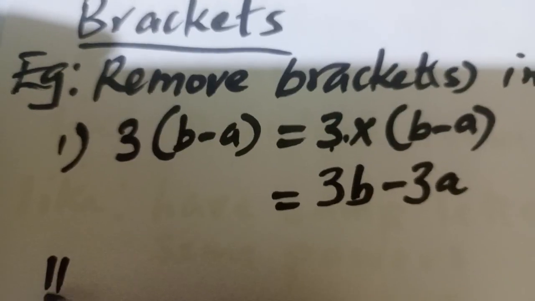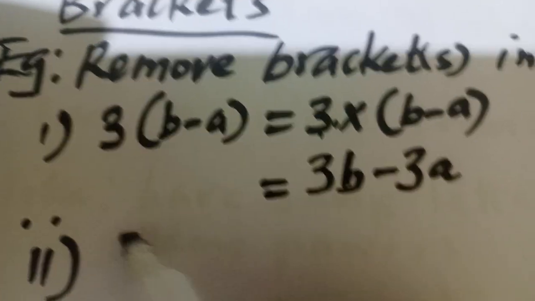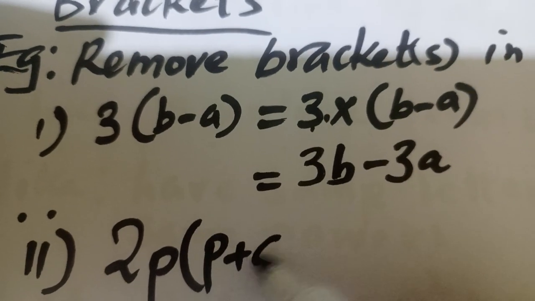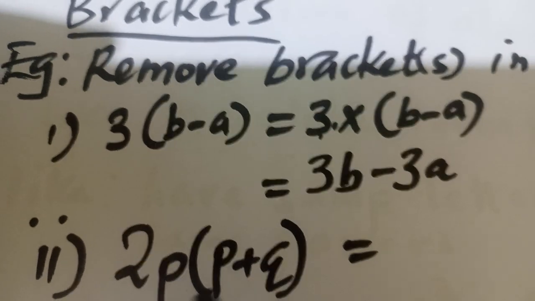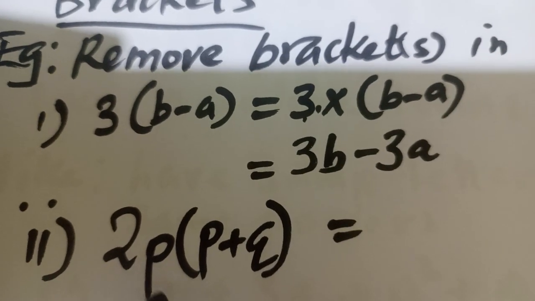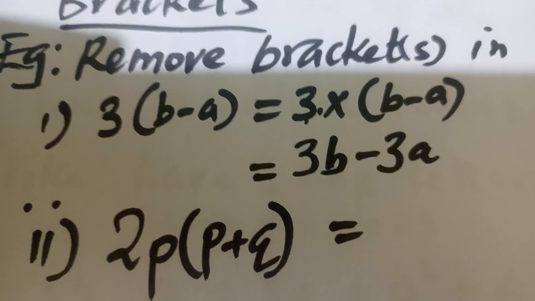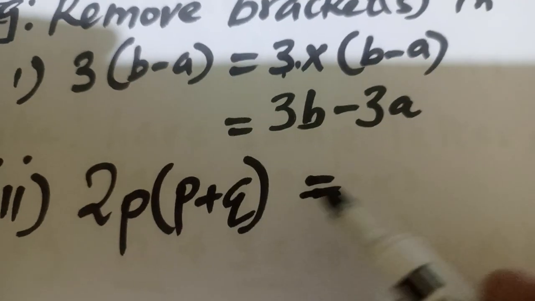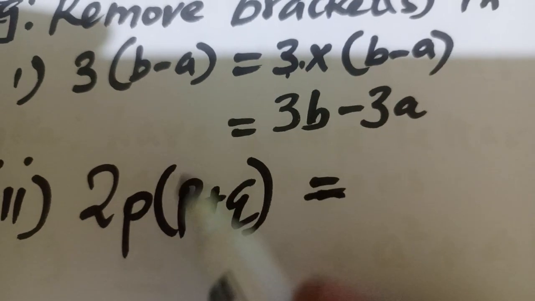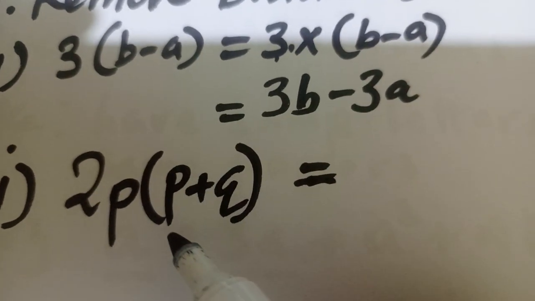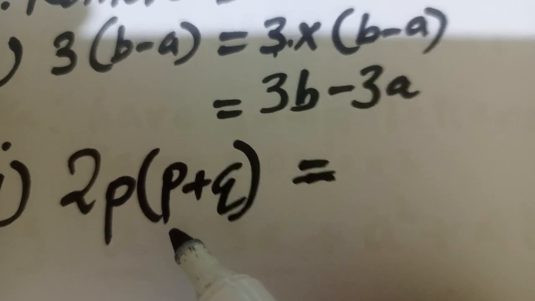Now if you consider another example, let's say 2p into p plus q. Again, this is the same as 2 multiplied by p multiplied by what is in bracket p plus q. So here we have 3 items, and again, as we had said earlier, what is outside the bracket when you are doing multiplication affects each item inside the bracket.